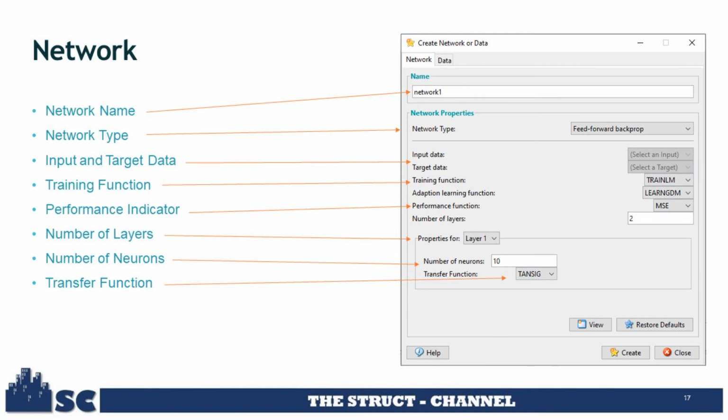We opted to choose tansig as the activation function because, based on the preliminary modeling or from previous studies, we achieved a better accuracy, or higher accuracy, compared to other activation functions.